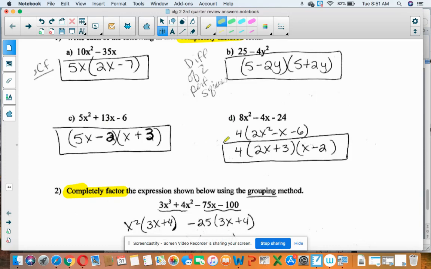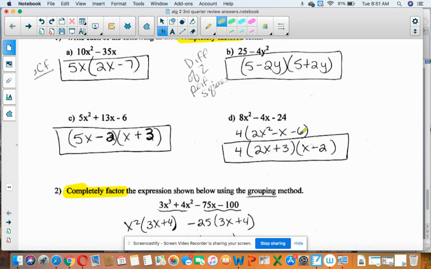D is another trinomial, but this time I can factor out a greatest common factor of 4. So when I factor out a 4, I'm just dividing out that 4. I'm left with 2x squared minus x minus 6. Now I have this nice trinomial that I'm going to factor. So I put my 2 sets of parentheses. 2x times x is 2x squared.